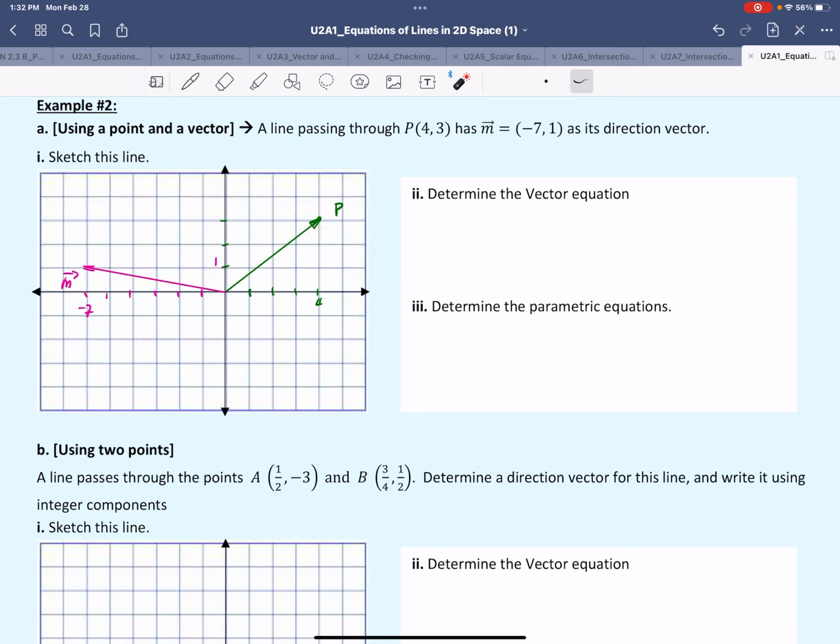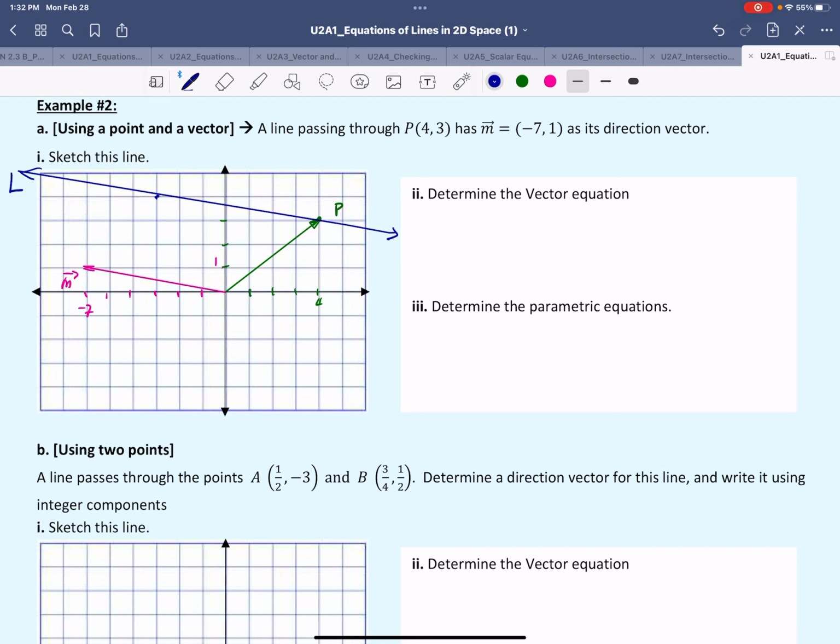Let me try to do this with more accuracy. We're going to stop somewhere in here. Let me draw the line straight. Recall that we can extend the line in both directions, obviously. And this would be our line L. I'm going to call it the line L.